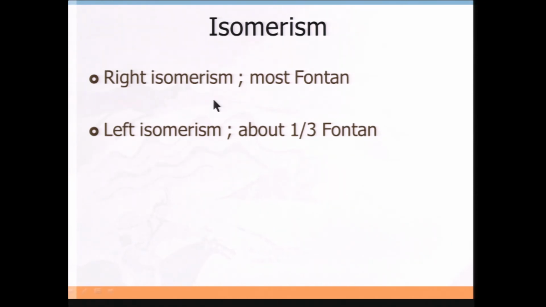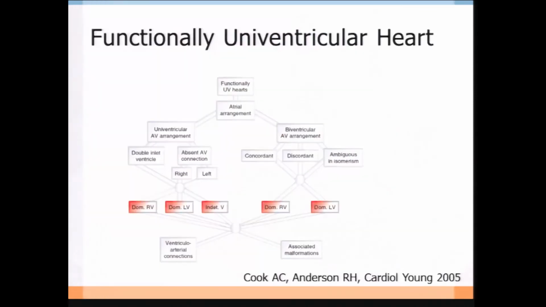So right isomerism is usually associated with very complex intracardiac anomalies, so most need Fontan circulation. Instead, in left isomerism, the intracardiac anatomy is milder, so about one third need Fontan circulation.